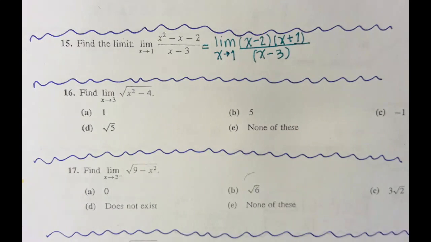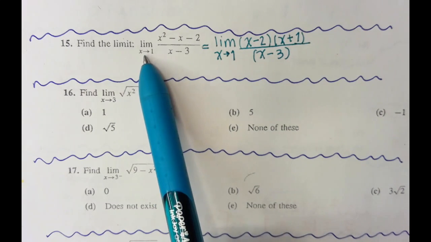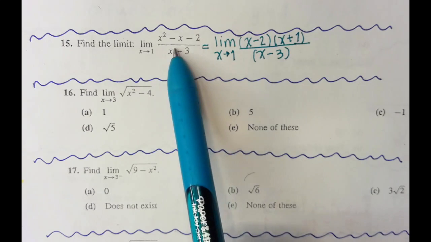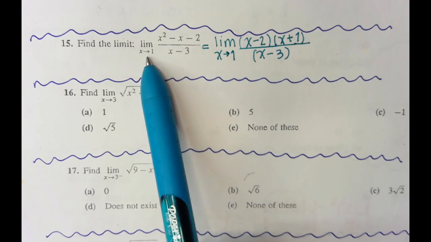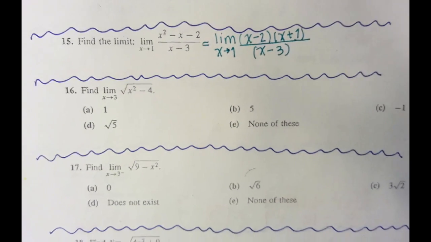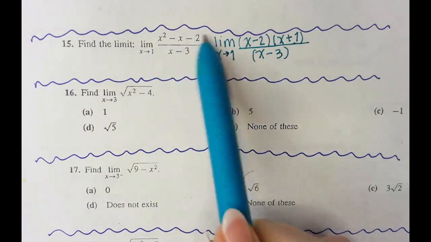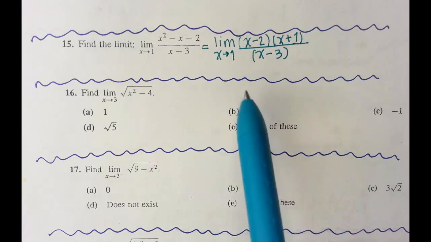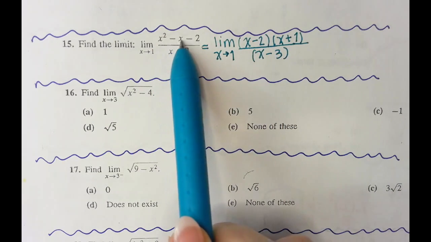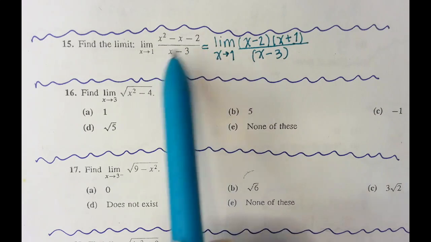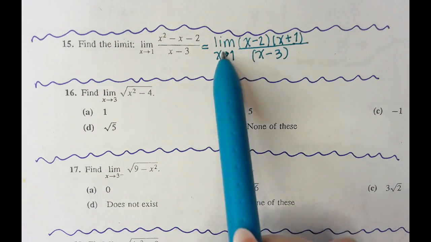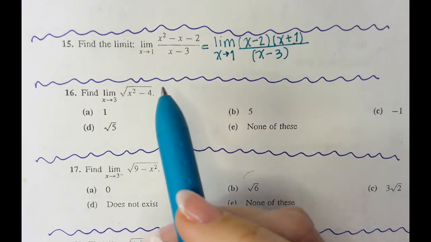Here it's a little better because you won't mess up so much, but there's definitely nothing that we can cross out. The fact of the matter is, for something like this, since we are only undefined at 3, direct substitution works for any other value that we're approaching. So really, I could just plug in 1. I could plug it in here, or I could plug it in here. Either way, I'm going to get the answer. 1 squared minus 1 minus 2 is -2, all over 1 minus 3 is -2, and -2 over -2 is +1.